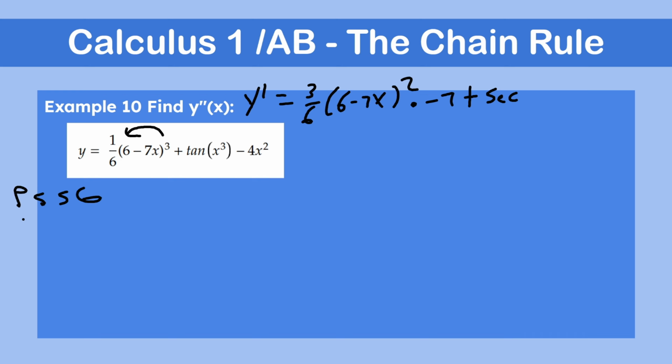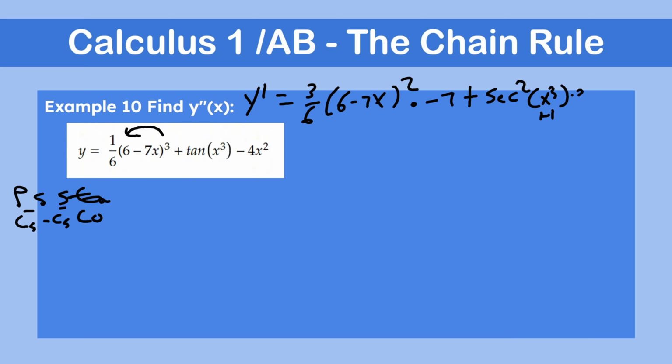So this is tangent, and it's a secant, so it would be secant squared x cubed. Derivative of x cubed would be 3x squared minus 8x. And once we simplify, we would get y prime is equal to 1/2, negative 7 over 2, because there's negative 7 over here.